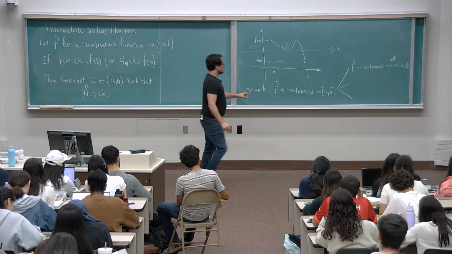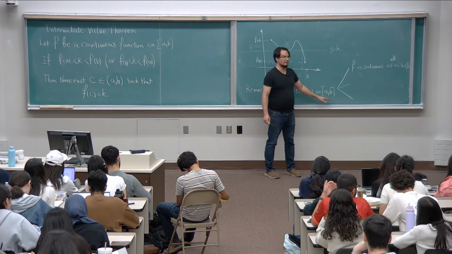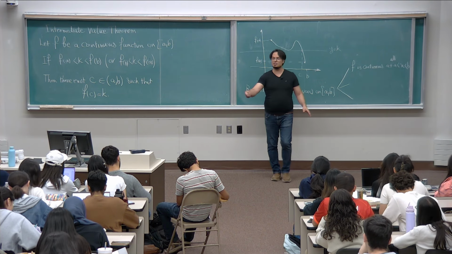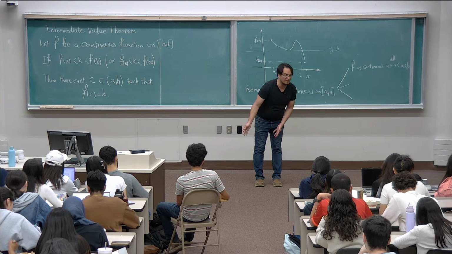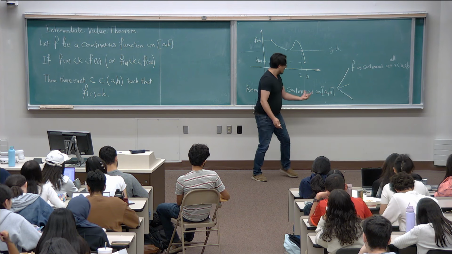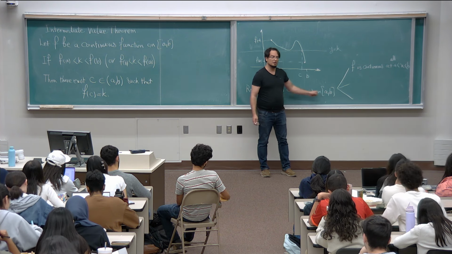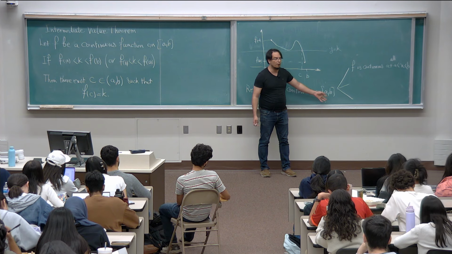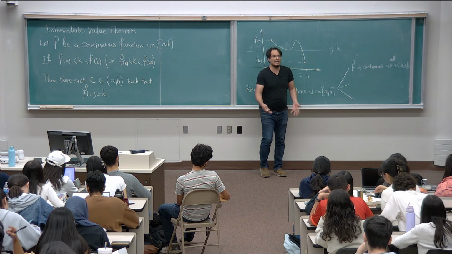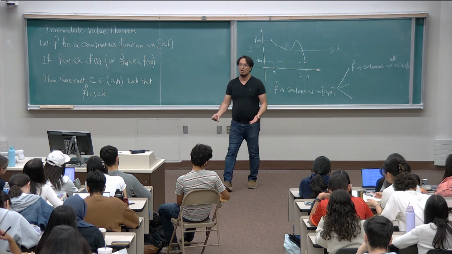Remember, the continuity condition says that the limit of f of x as x approaches A must be equal to f at A. But how do you know that your function is defined on the left-hand side of this point A? Maybe you cannot even approach A from both sides.